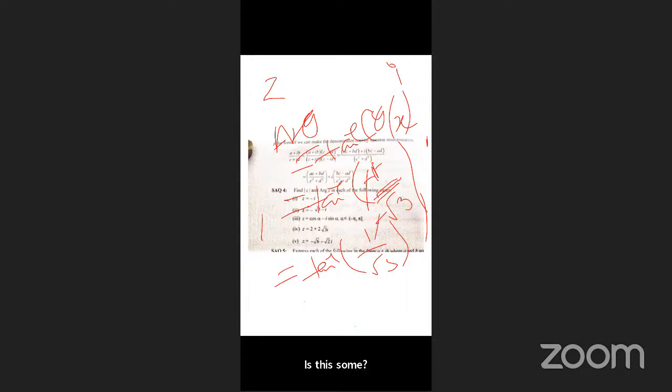Tan theta. Tan 30, sir. Yes, tan 30. We can write it as pi by 6. So tan and tan inverse both get cancelled and we are getting pi by 6.